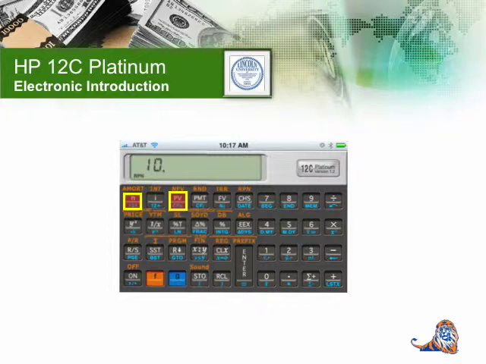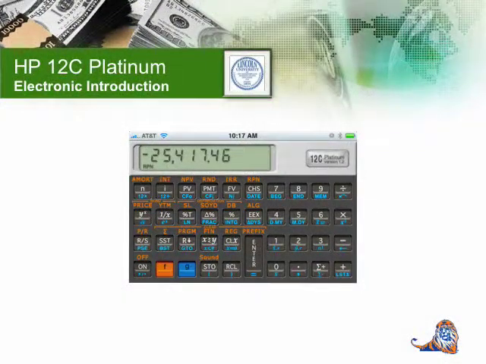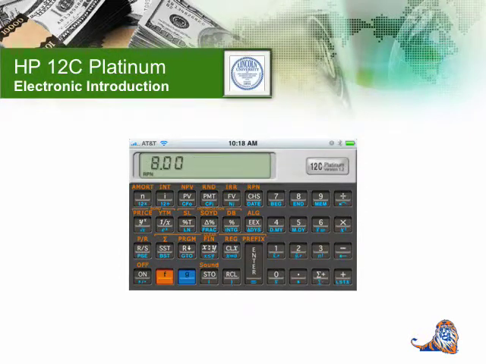So what else can we do? We don't have to change any of the other numbers, but let's say we would like to run a hypothetical if we change the interest rate. Say we change the interest rate to 8. Remember, we punched in the number 8 followed by what key? That's right, the I key for interest.